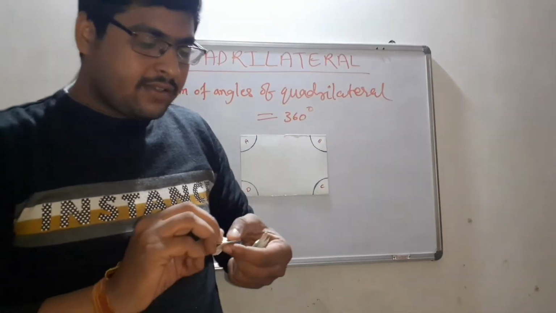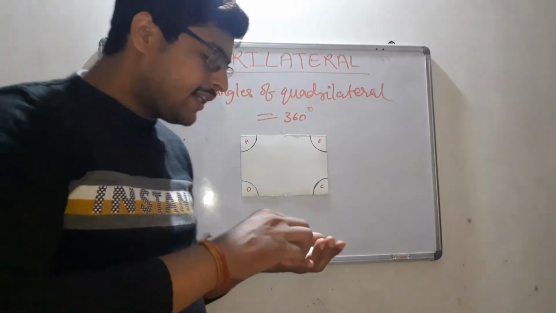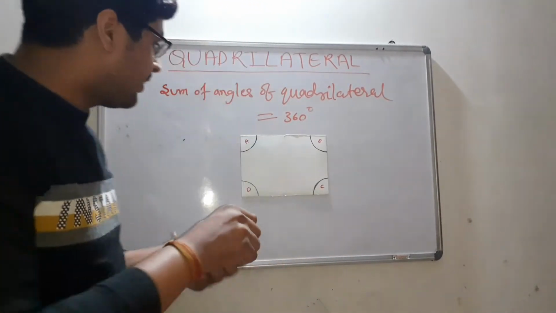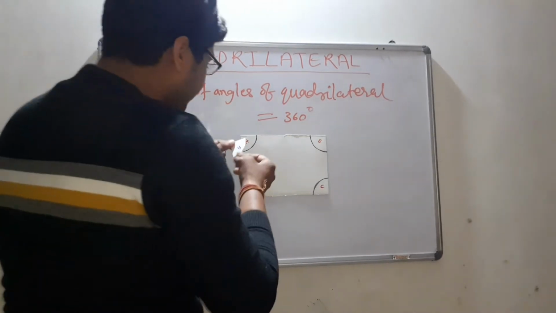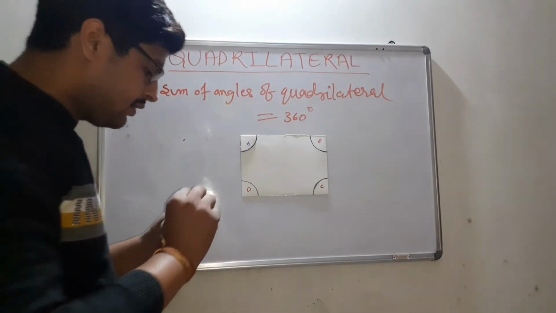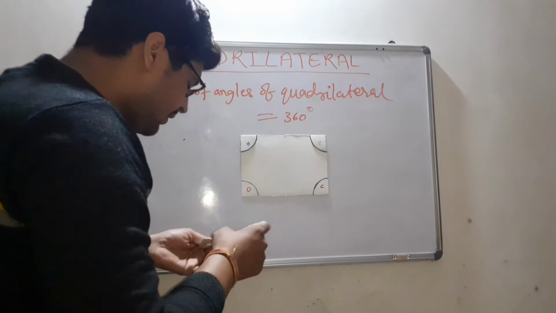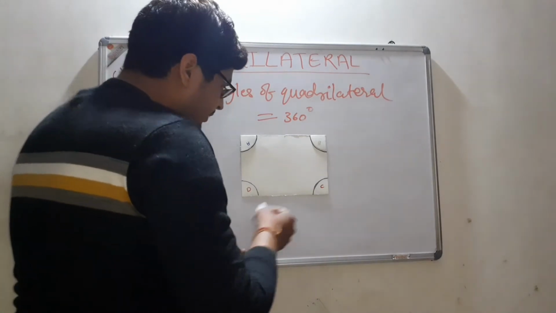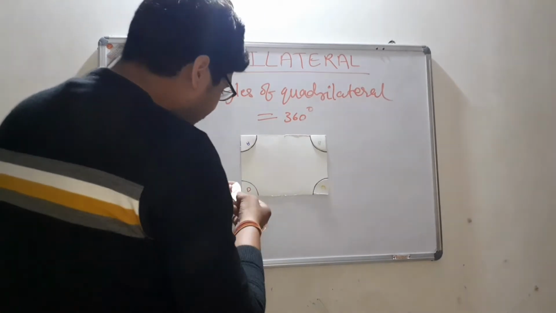This is angle A, this is angle B, this is angle C, and this is angle D.